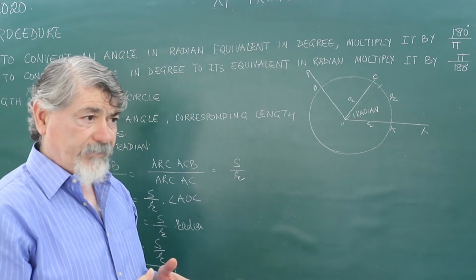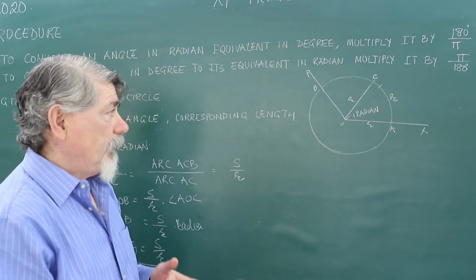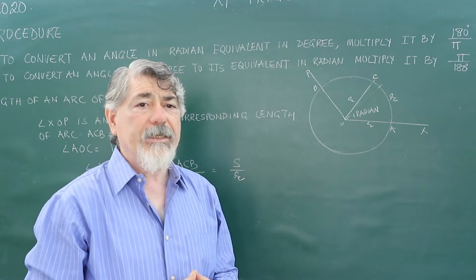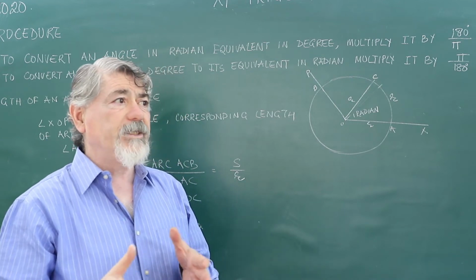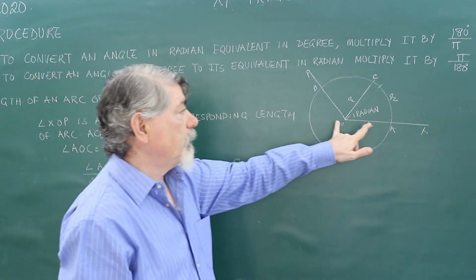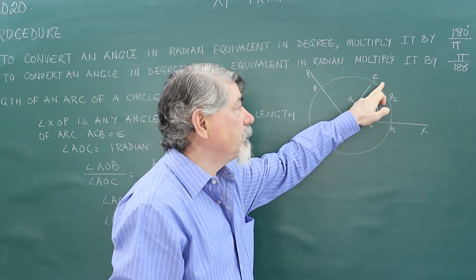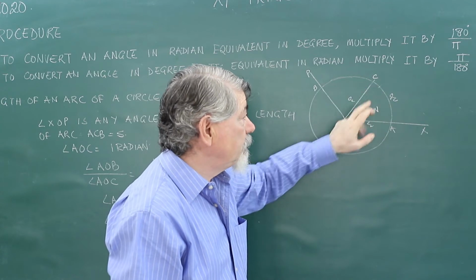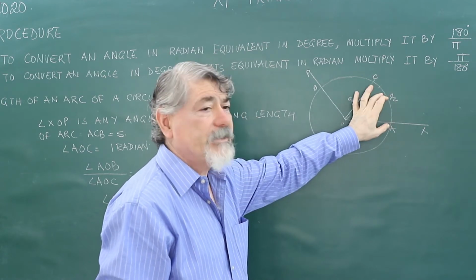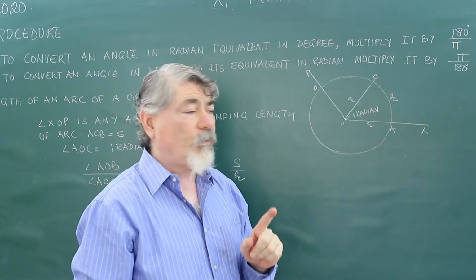We told you the definition of radian: the angle subtended by an arc whose length is equal to the radius of the circle. If the radius of the circle is R and the length of the arc is R, then the angle subtended by this arc at the center would be 1 radian.